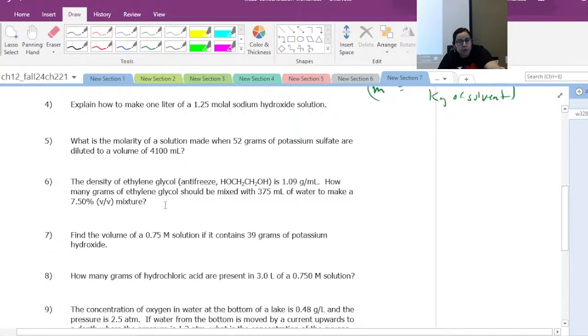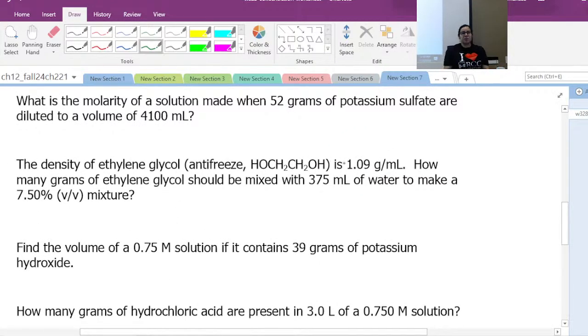Eventually we should practice these other percentages, but a lot of these you can puzzle out yourself. You just have to pay attention to the units. For instance, this one's a volume per volume. Sometimes you have weight per volume, or weight per weight, or mass per mass. You just have to see what's being given to you and how to work through it.